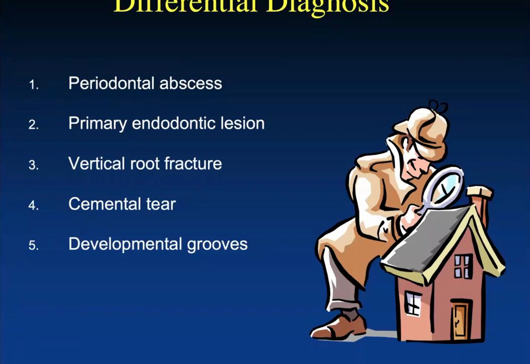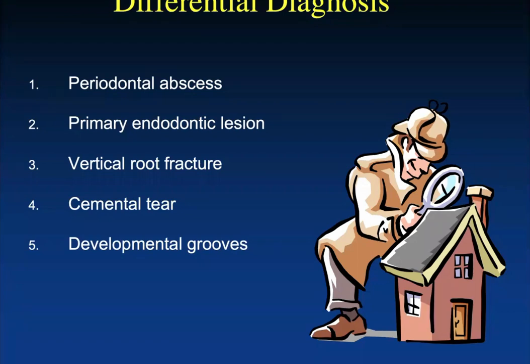The treatment for the cemental tear is usually to remove the broken cemental segment. Periodontally, they need to open a flap, remove that piece and clean it. However, it depends on the condition of the nerve as well. If it's irreversibly damaged or necrotic, you need to do root canal treatment. If it's extensive, then extraction.